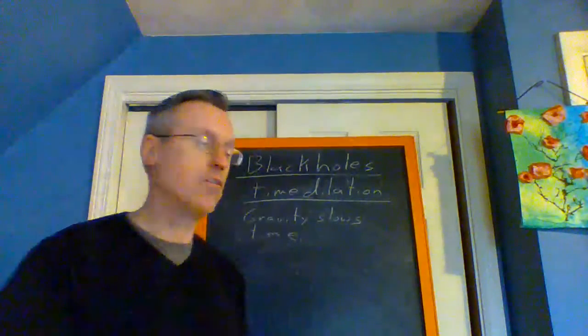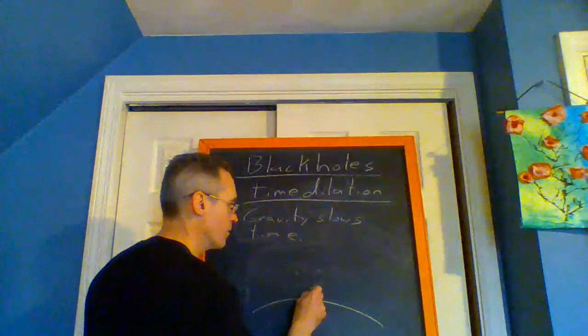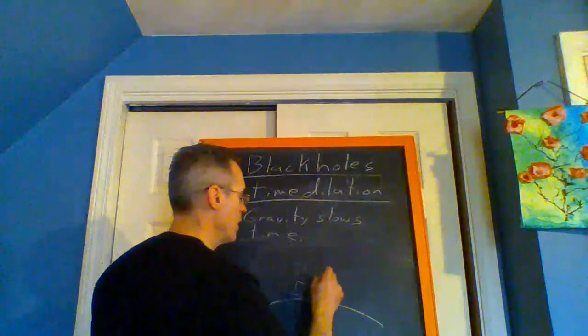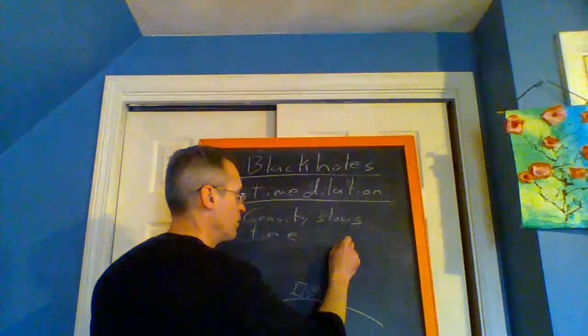And let's say we take your friend and he goes out into space. So here you are on Earth, and there's your phone with your clock on it, and then we take your bud and he goes out into space.